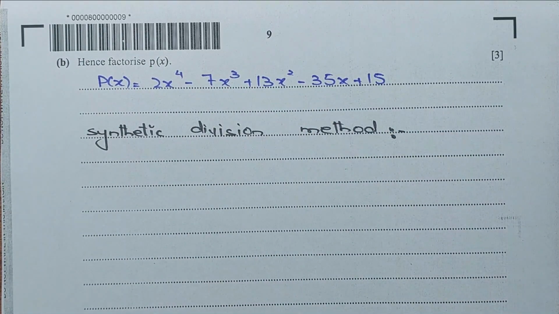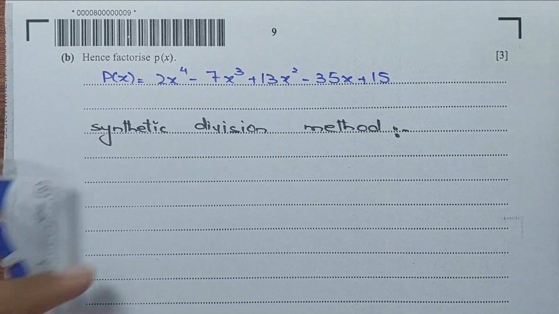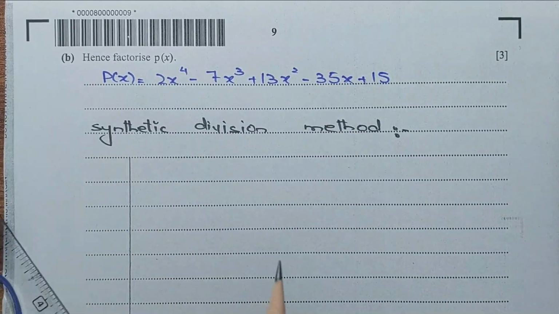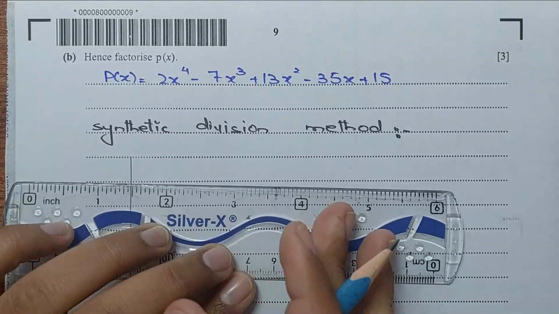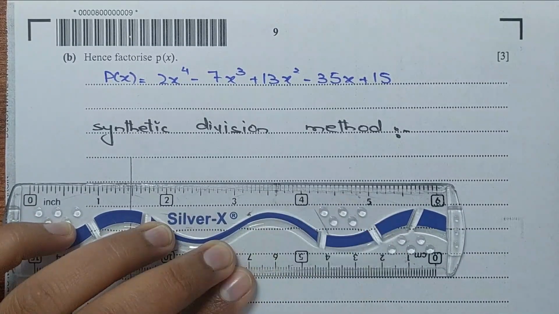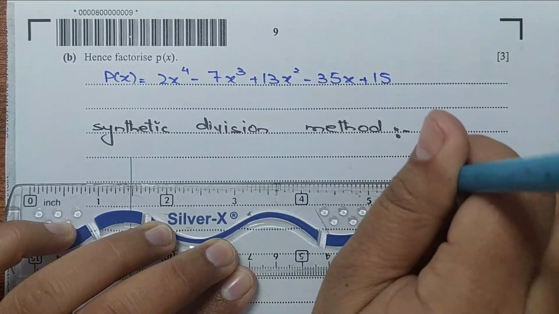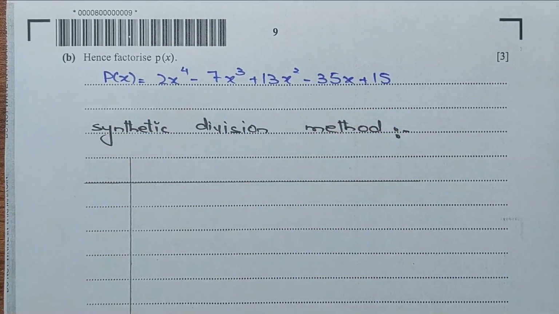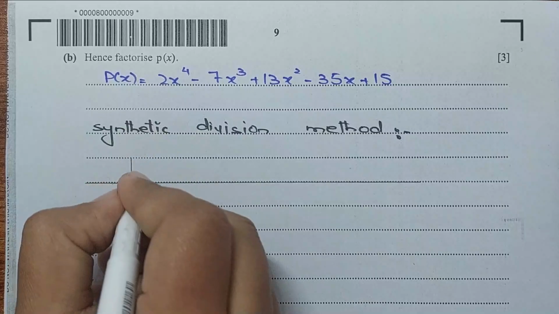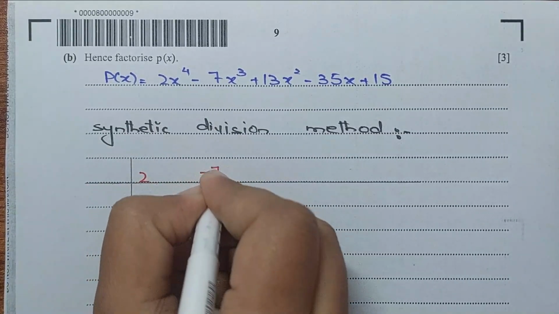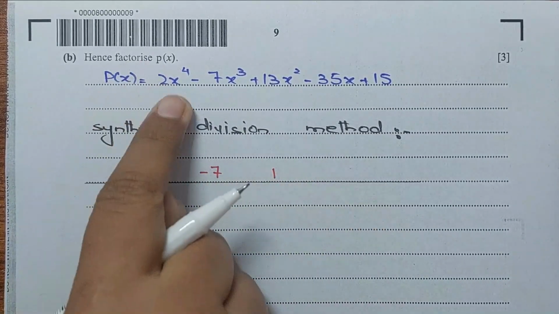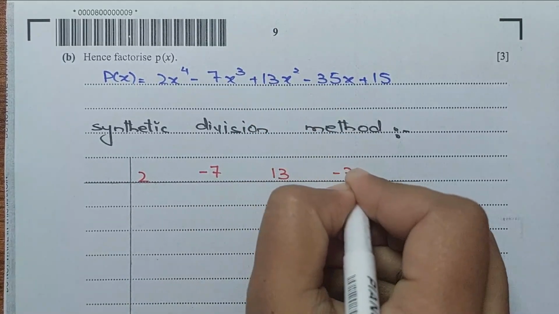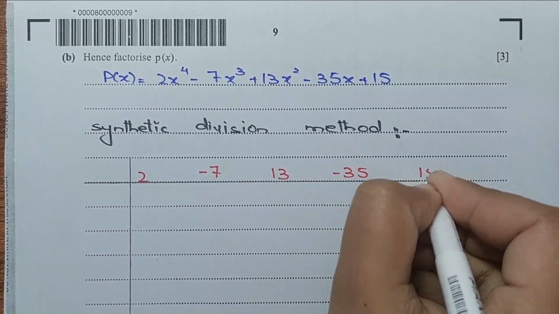So in the synthetic division method, the first step is to write down the coefficients, right? We need to write down the x4 coefficient, x cube coefficient, x square coefficient, x coefficient, and the constant.